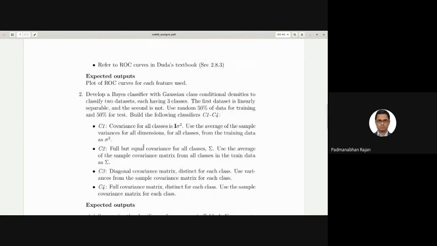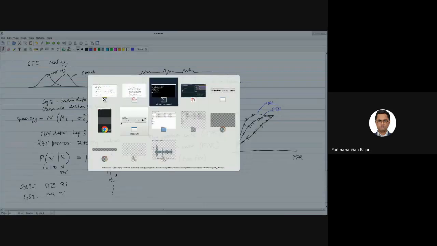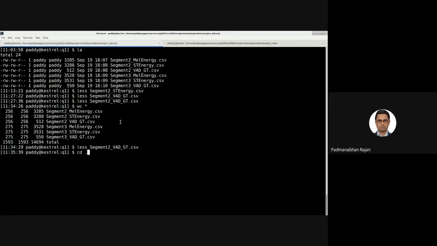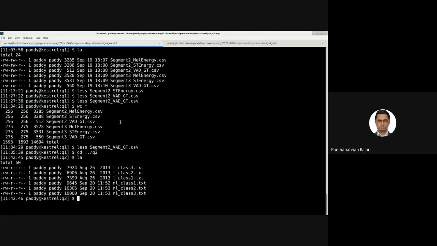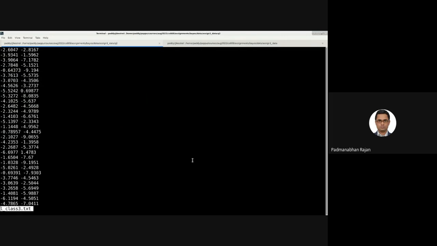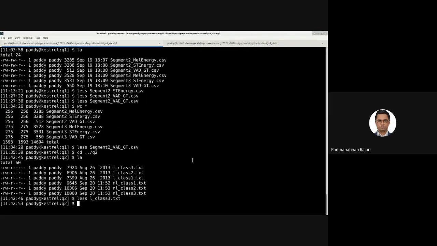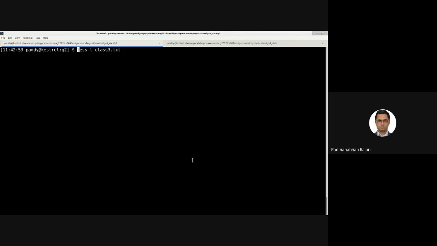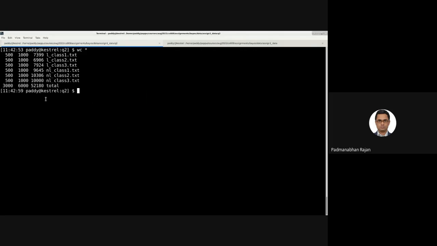I have asked you to use 50% data for training and 50% for test. For example, the class 3 data is just two-dimensional data like this. I think there are 500 data points in each case, so 250 you will use for training and 250 for testing.